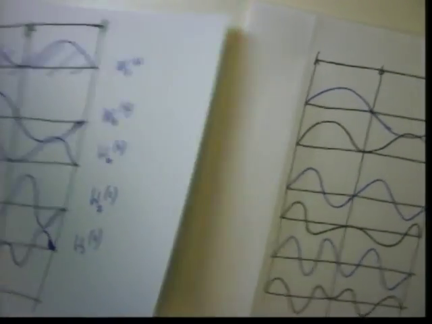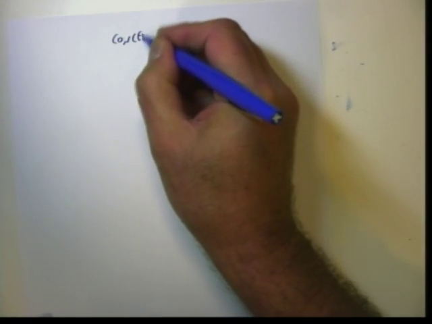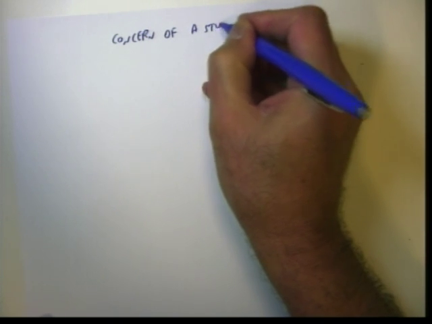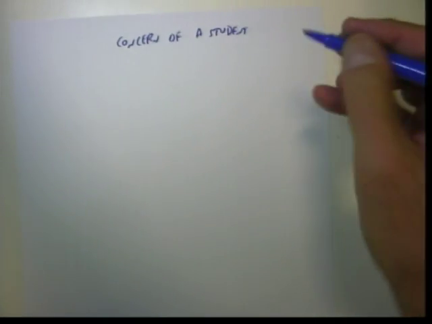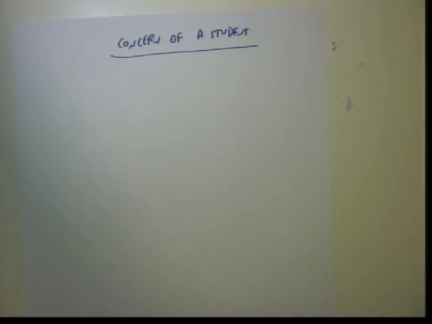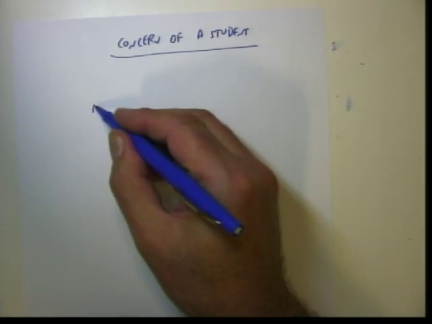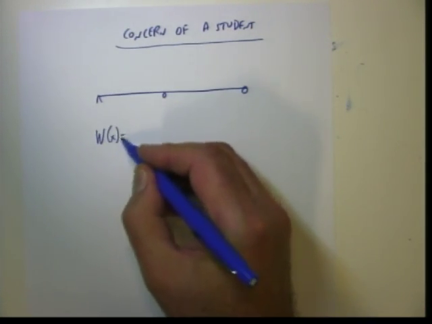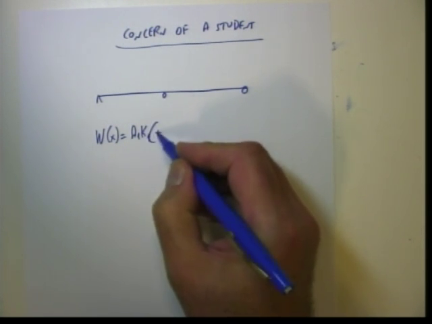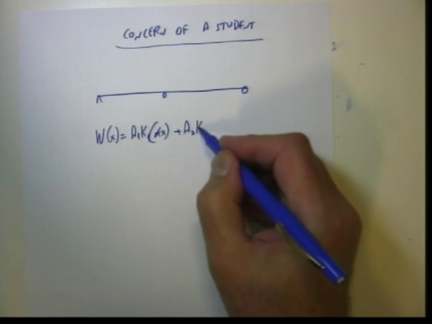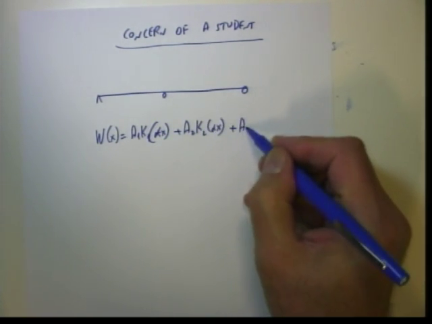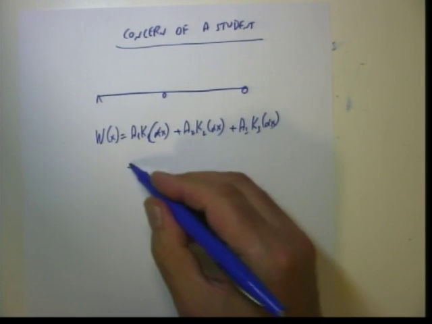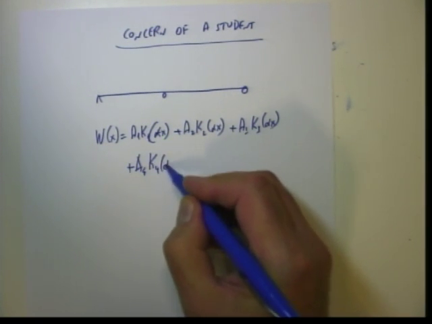Now I would like to address one question that one student had. He had a concern. Okay, so what he says actually is as follows. What I did here, I wrote W of x equals A1 K1 alpha x plus A2 K2 alpha x, then A3 K3 alpha x plus A4 K4 alpha x.